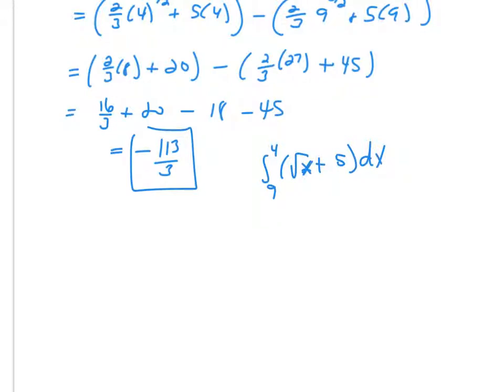We can also rewrite this, making that integral go from 4 to 9 just by putting a negative out in front. So it'd be minus the definite integral from 4 to 9 of the square root of x plus 5 dx, and then you would just continue on like we did the problem.